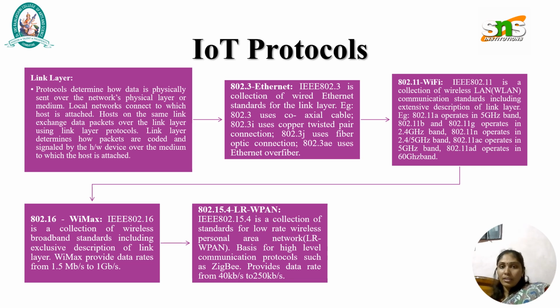Through the internet we are accessing hardware or a machine, and that is called an IoT. Two types of designs are followed in the IoT: physical design and logical design.